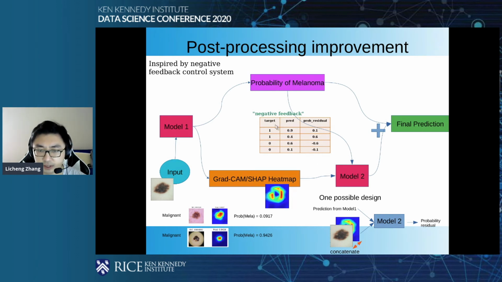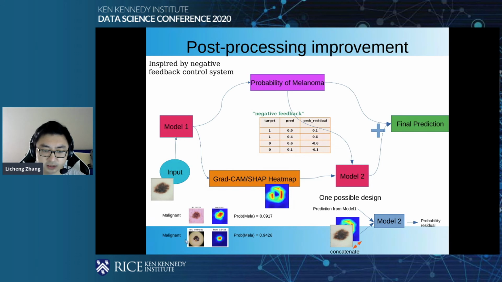You have the target labels, and this is the prediction from model 1. Then we can calculate the residual, which is target minus prediction. And the idea is we want to train a second model to estimate this residual. So the final prediction will be the sum of the output from model 1 and model 2.